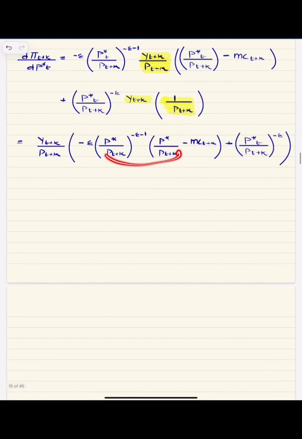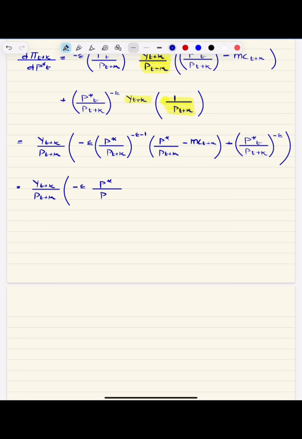So this stays there as it is, and we're multiplying through, so we'll have a minus epsilon e p star over pt plus k, and minus e minus 1 plus 1 is just a minus e, so this becomes a power minus e. Then we'll have a plus e into the marginal cost t plus k.